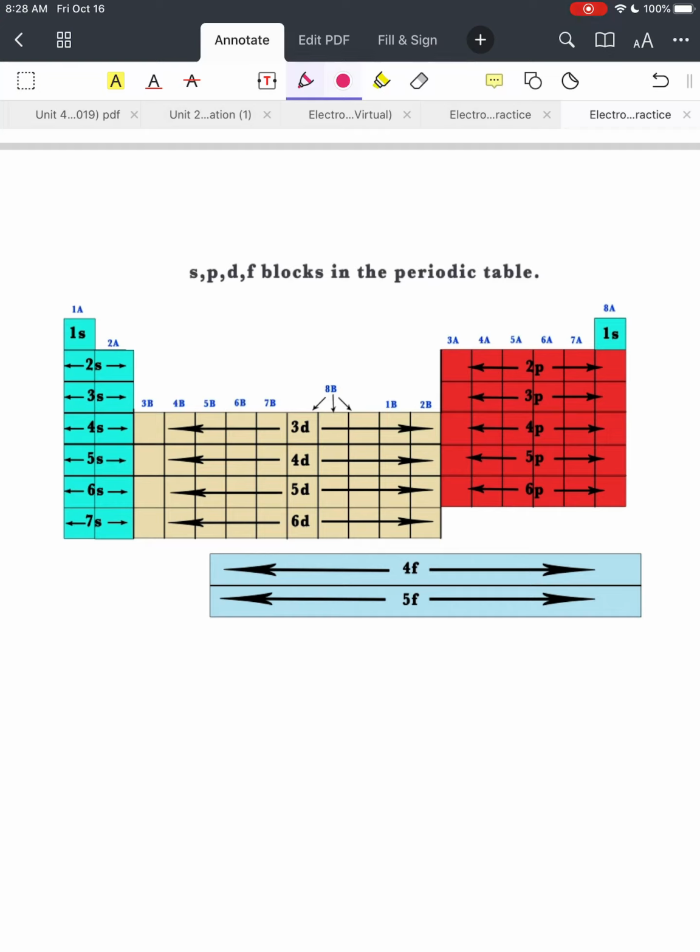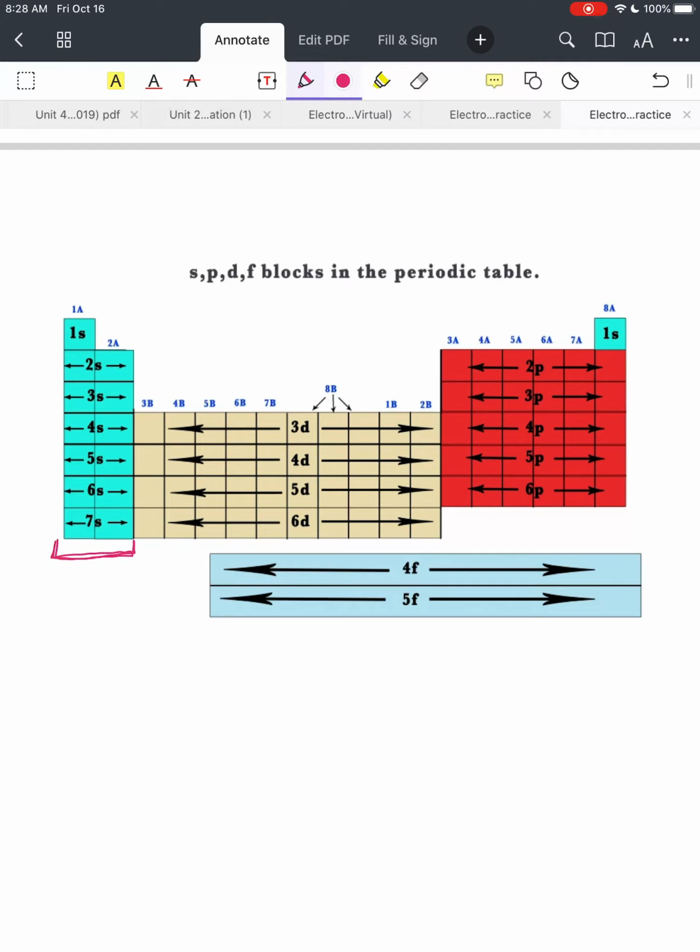We're going to talk more about the setup of the periodic table tomorrow, or next week, but it is very helpful when we're doing our electron configuration, because the way that it's set up is actually the way that our energy levels are filled with electrons. There's a pattern to how those electrons are filling our energy levels as we move across and down the periodic table. So we have our S subshell right here.